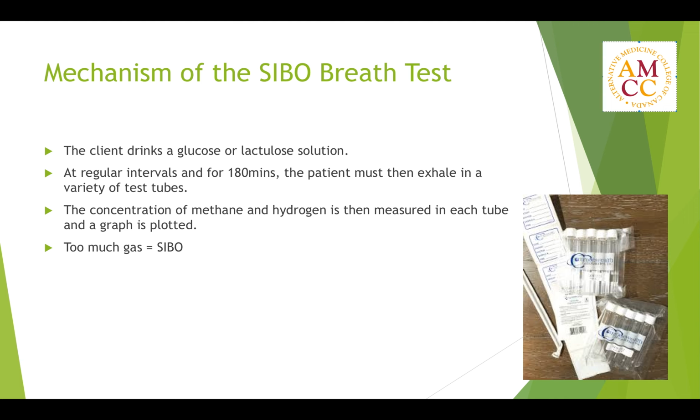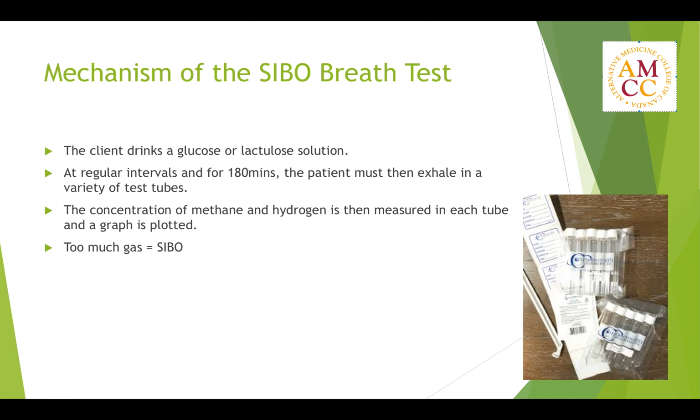Each tube is then placed in a machine, and the machine will measure the concentration of methane and hydrogen in each tube. And we plot a graph, which I will show you in a minute. Basically, if you have too much gas at any point in time, we call it SIBO, because what makes the gas is bacteria. So too much gas means too much bacteria, which means small intestinal bacterial overgrowth.